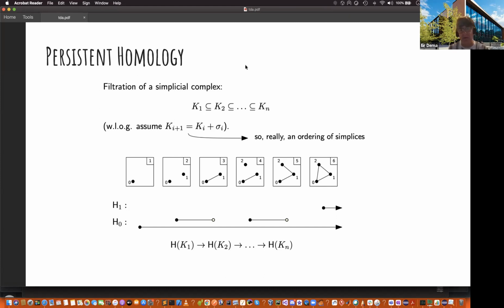This is indicated by the small arrow labeled by H1. Now, the collection of all these lifelines, all these segments, are lifelines of various topological components of our data set. That set of lifelines is known as the barcode of our data set.